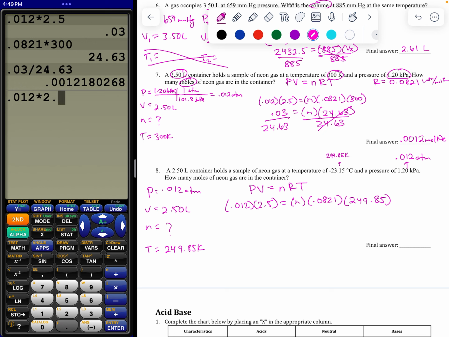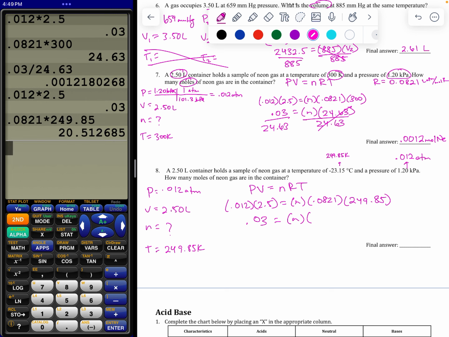0.03, we already know that. This one we will have change a little bit, 0.0821 times 249.85, 20.51, and divide. So you're probably wondering, how do I know where to round? There's a lot of numbers there, and you rounded to the thousandths place sometimes, and to the hundredths.